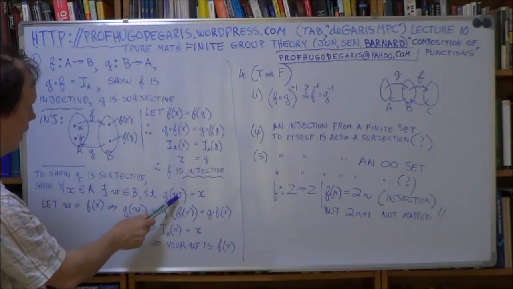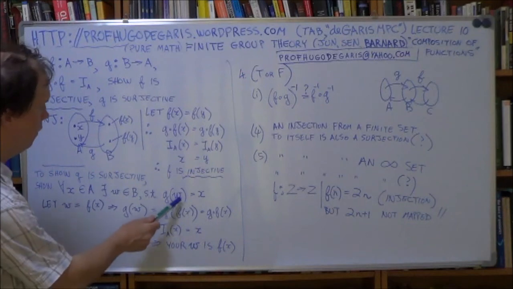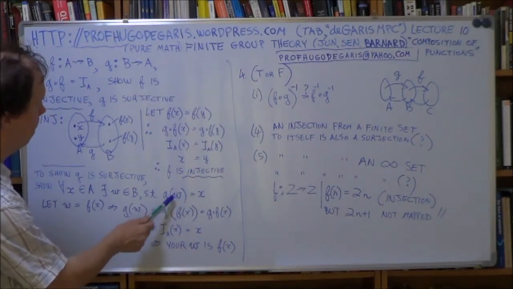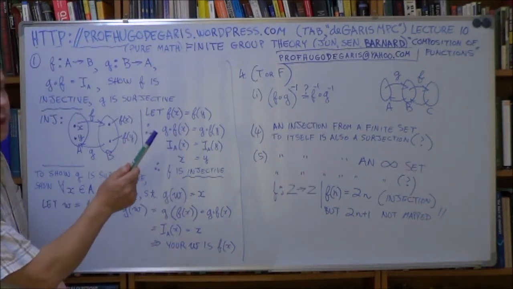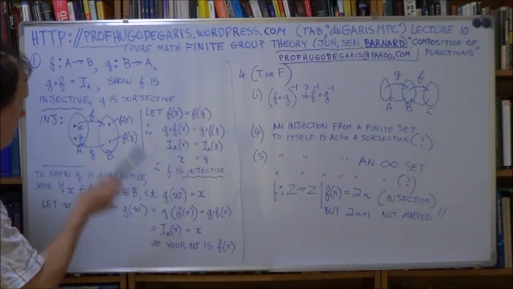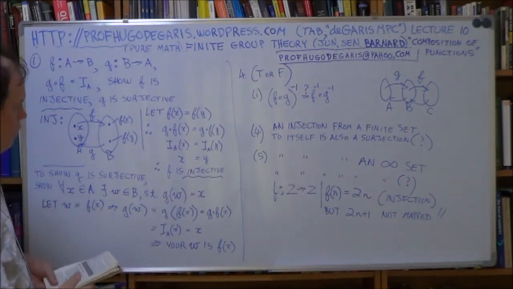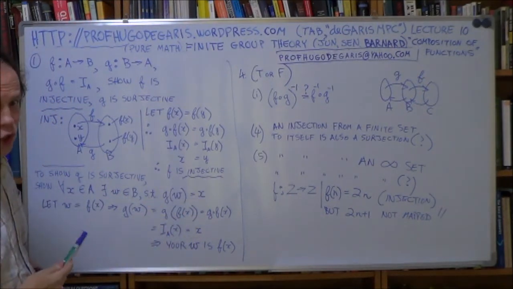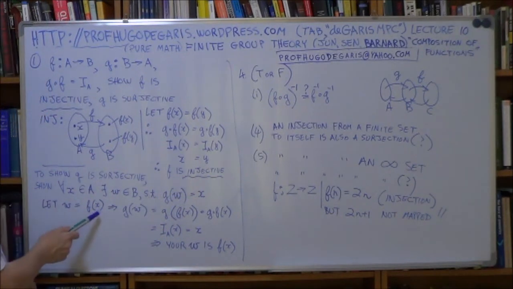So let W be f of something, right? If W is f of something, then we'll have GF of something. And we know what GF is, it's I. And we want the result to be X. Well, that's a strong clue, so let your W be just f of X. And where did that come from?